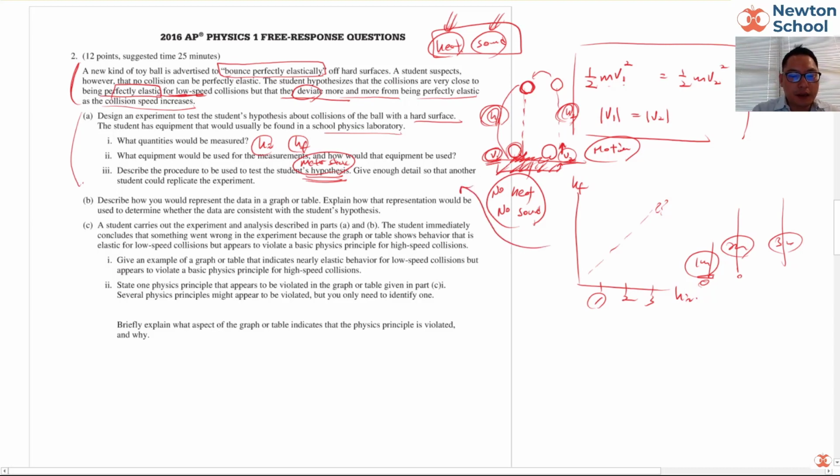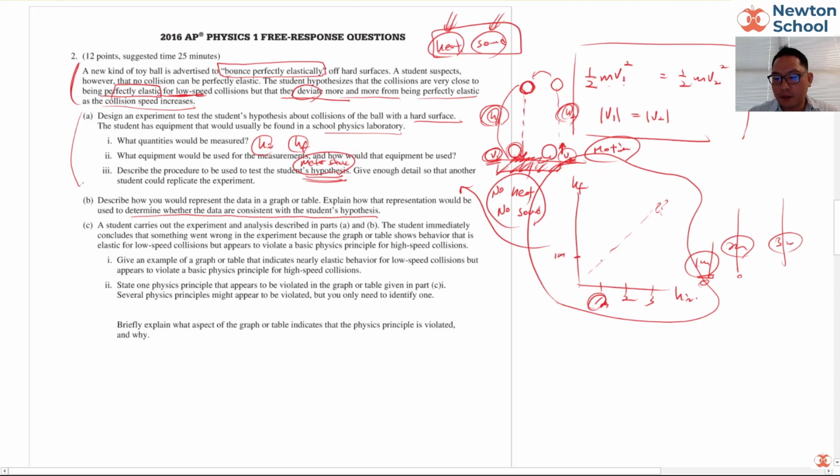Describe how you would represent the data in a graph or table. I already showed you initial height and final height. Determine whether the data is consistent. If it's elastic, that means initial height equals final height. So if I drop at 1 meter, probably it'll go to about 1 meter.